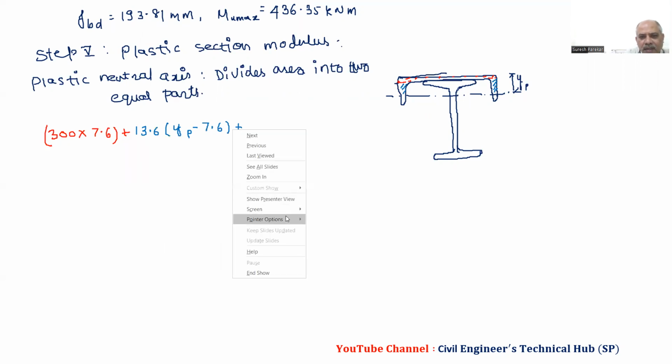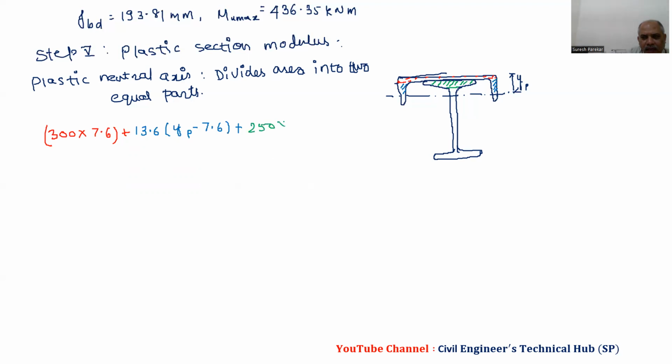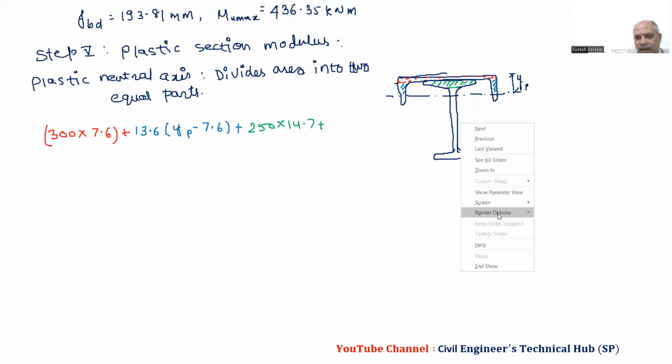Then plus the area of the flange of the beam. So we are going to consider this area. I am using separate colors so that you can understand very clearly. So plus we have 250 into 14.7, plus then we have the last area, which is the area of the web of the beam.